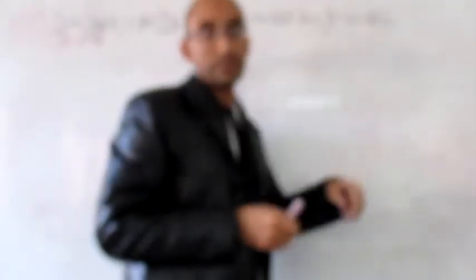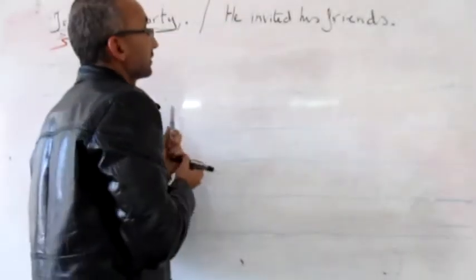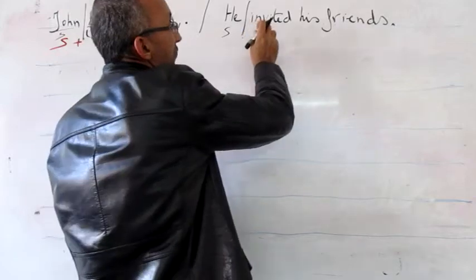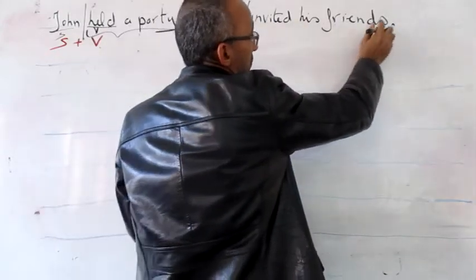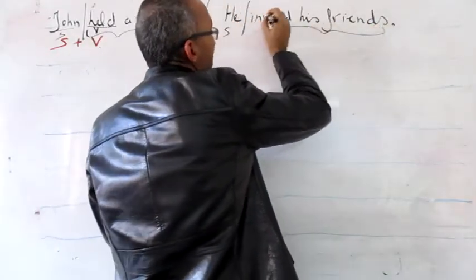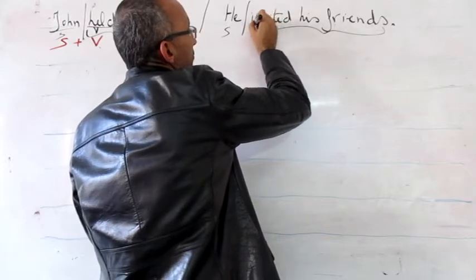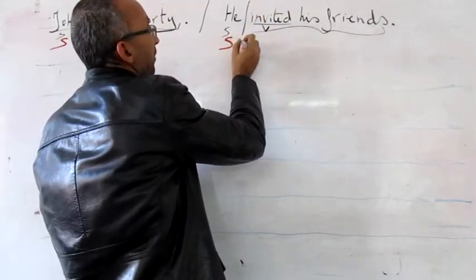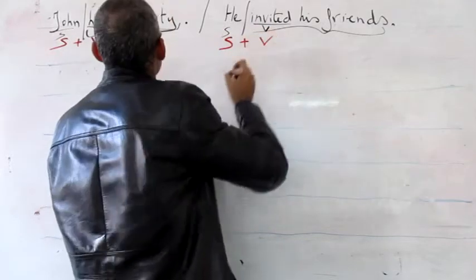Good. Second one also, he invited his friends. I have he as my simple subject, and I have invited his friends, only one predicate, which contains only one verb, which is invite. It also contains one subject plus one verb.